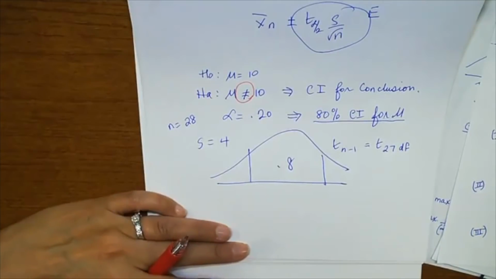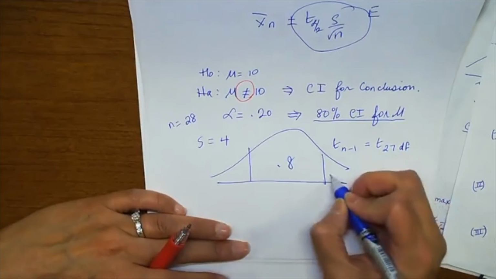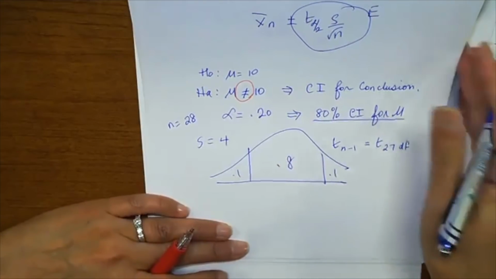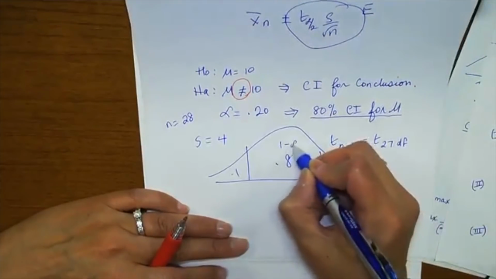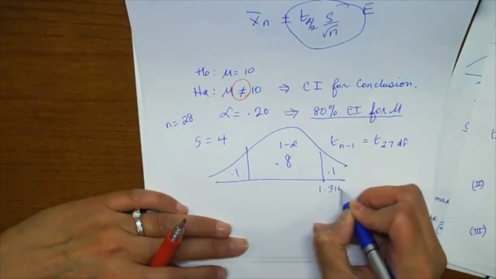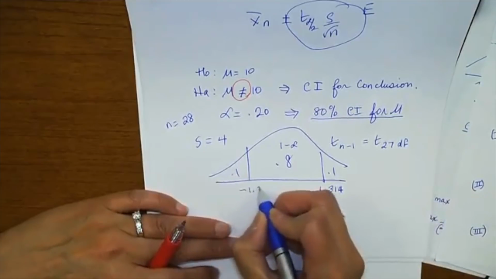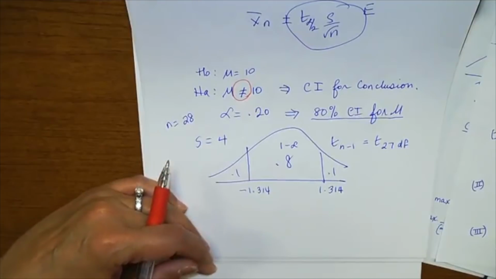Agree? Okay, so can you go to your t table and look up 27 degrees of freedom and 0.1 because alpha is 0.20. 1.314, minus 1.314. So what am I trying to do?